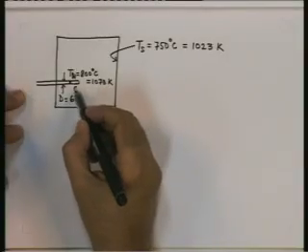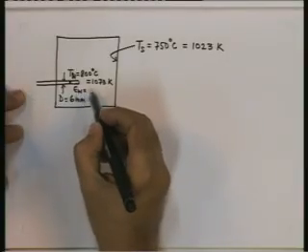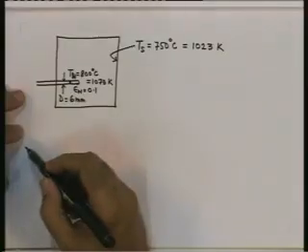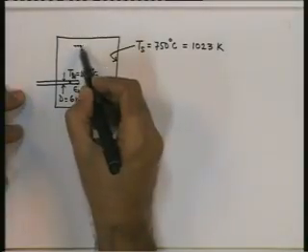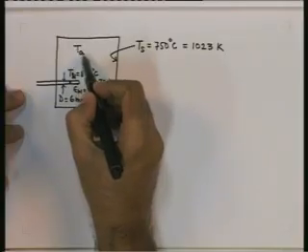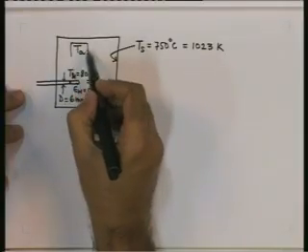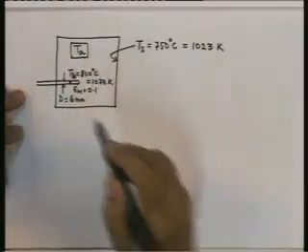The wall emissivity is 0.1. The temperature of the air is TA, which we have to determine.